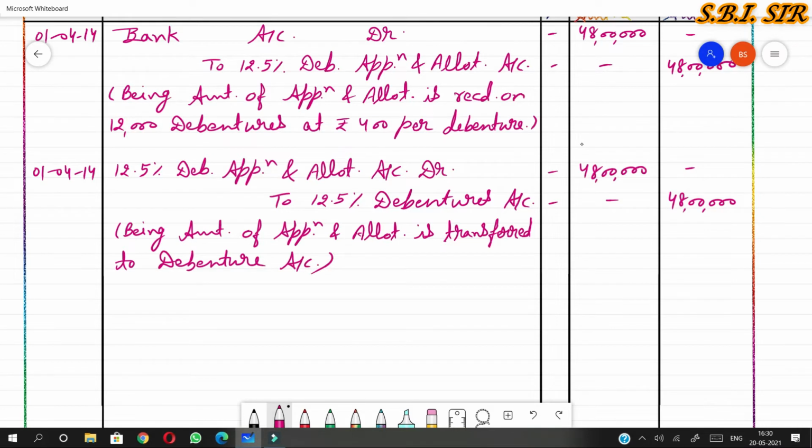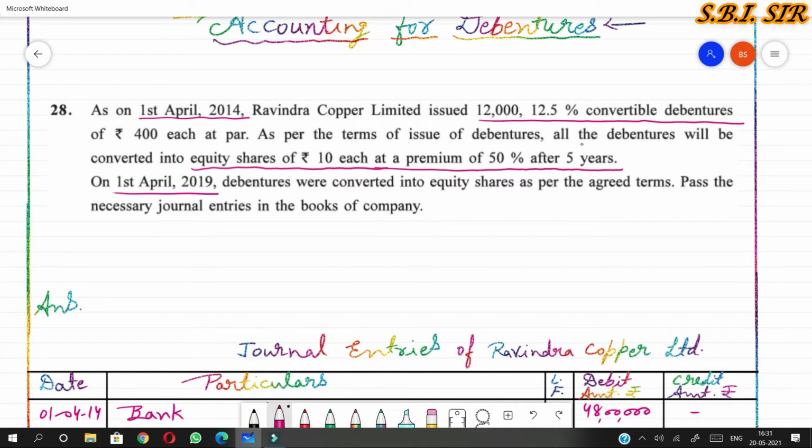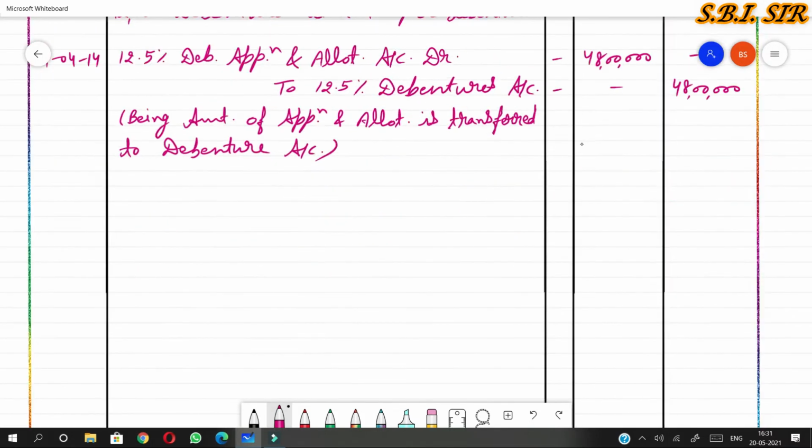Then in the next entry we will make the provision for redemption of debentures as on 1st April 2019. Then as on 1st April 2019: 12.5 percent debentures account debit, to debenture holders account.